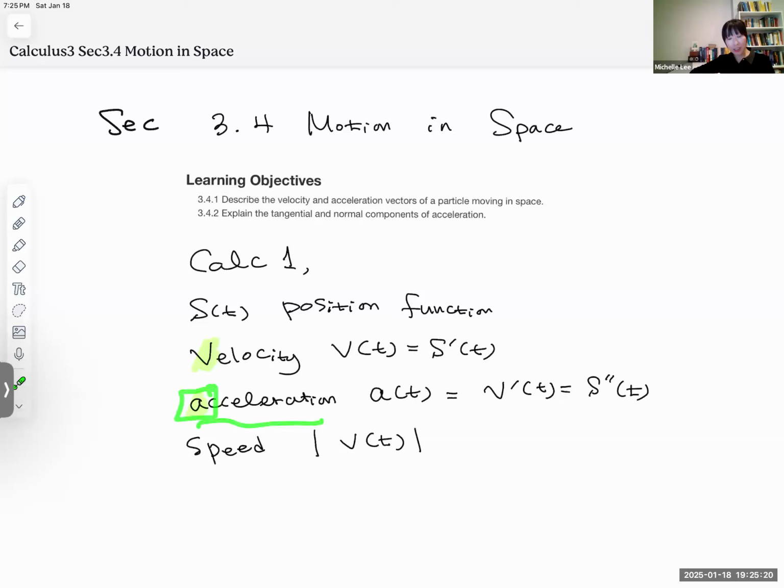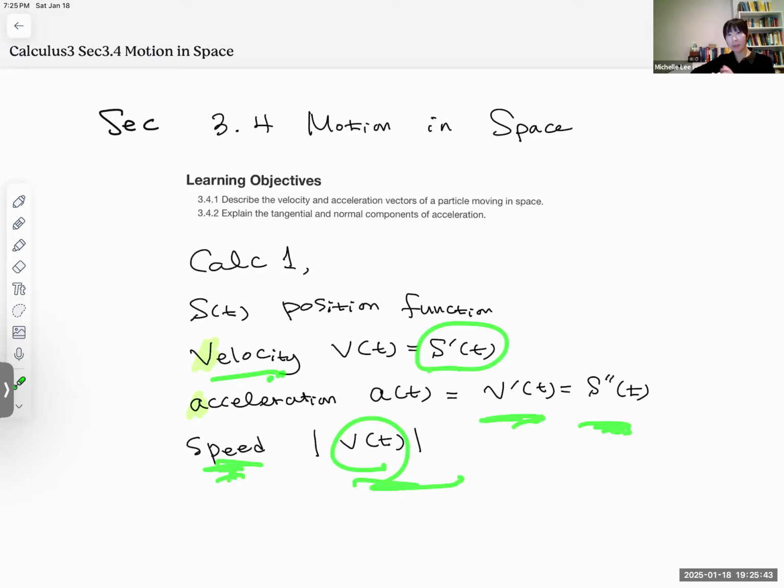We use the first letter, a of t. Then we take the second derivative of the position function, that is the first derivative of velocity. What about the speed? Speed is the absolute value of the velocity.